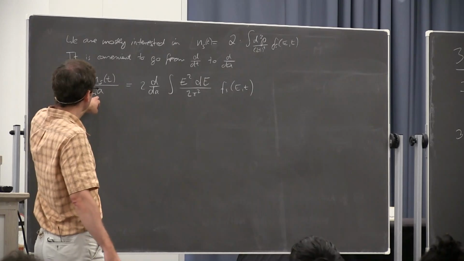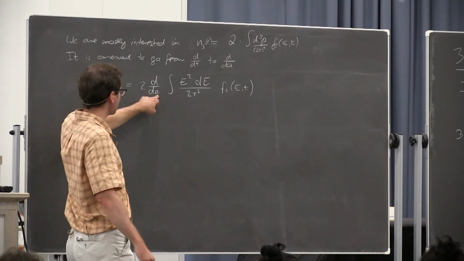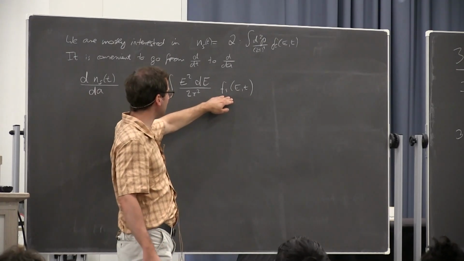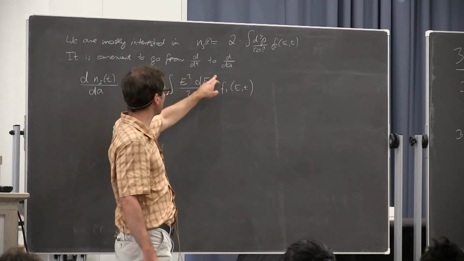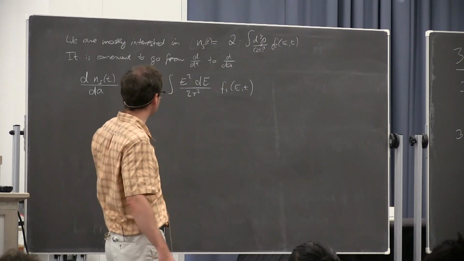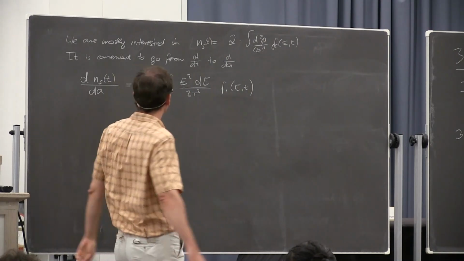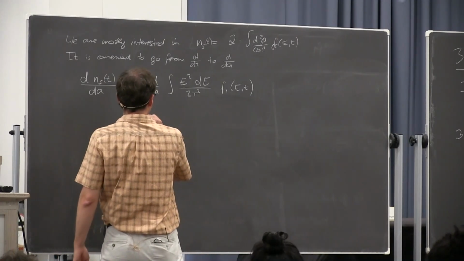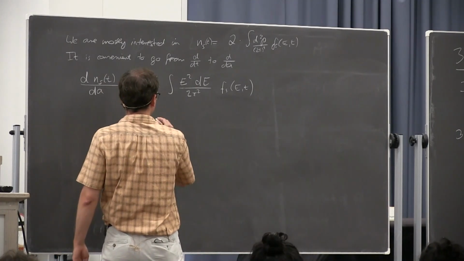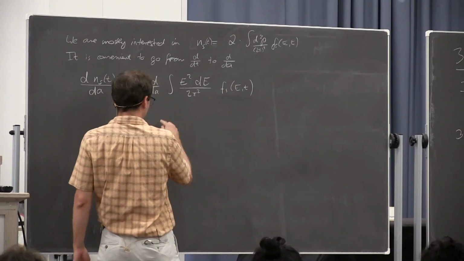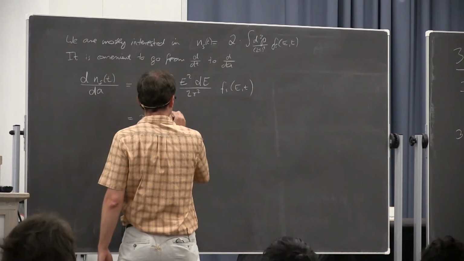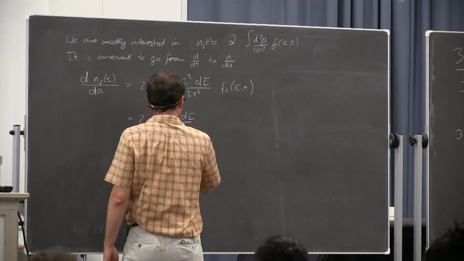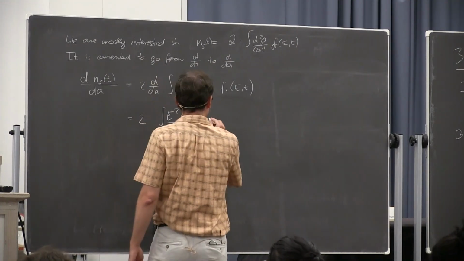Now, this derivative in A can act either on the function fs under the integral, or it can act on the prefactors of E here. So let's first consider the term where it acts on fs. That yields a 2 times, I leave some space here because I want to pull one factor out in a moment, integral e squared dE divided by 2 pi square.